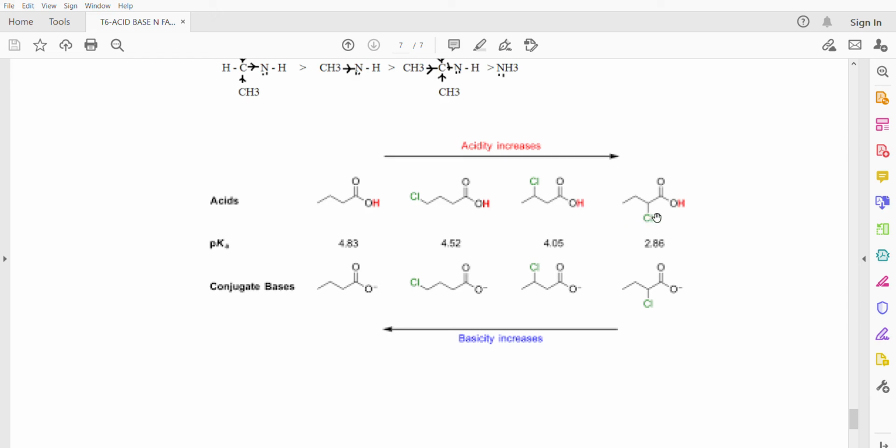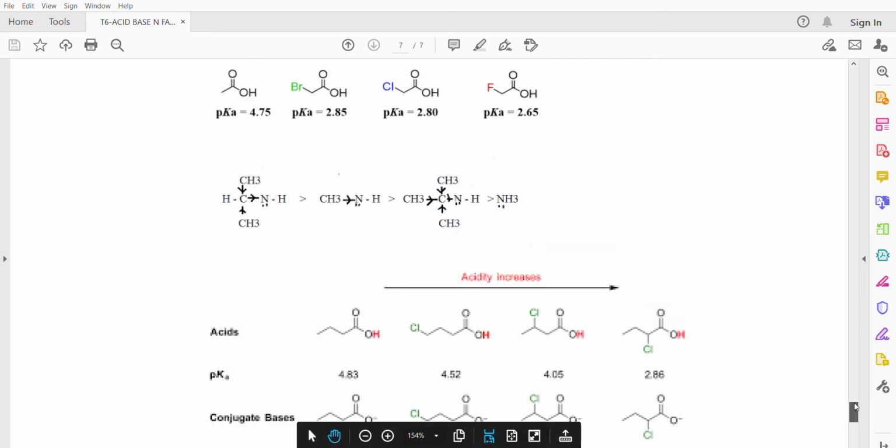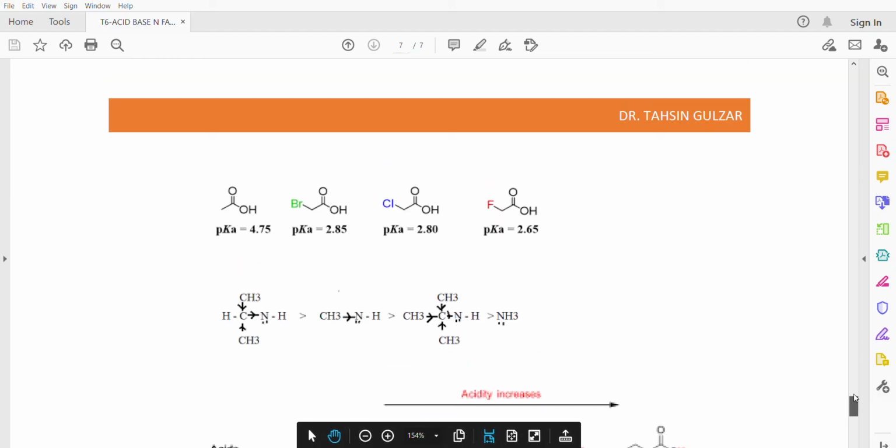Due to the prominent effect of the electron withdrawing group, this conjugate base is stable, and since it is stable, the acid will easily remove the proton. And this is the reverse effect for basicity. If the acid is strong, its conjugate base will be weak, and this is the case.